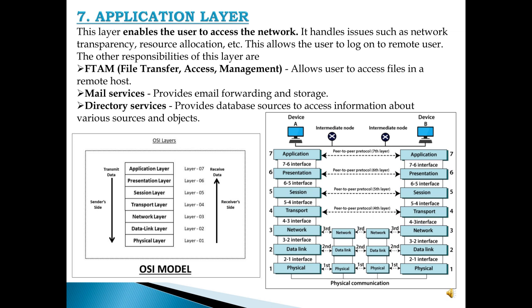So, when the sender sends the data from level 1, that is from the physical layer, the data starts traveling and reaches the application layer. So the process which takes place between application and physical is known as transmission.